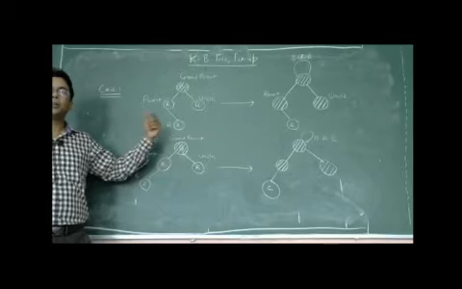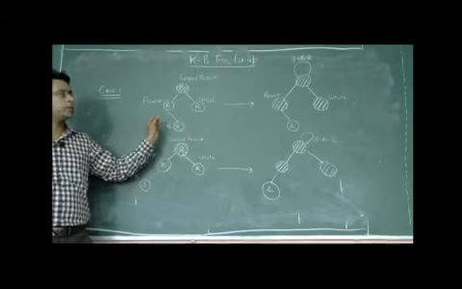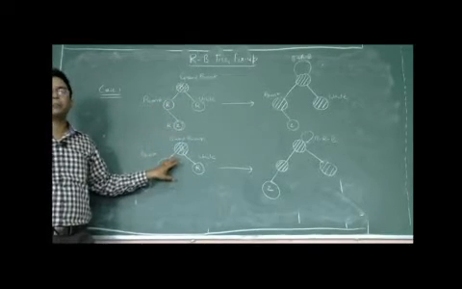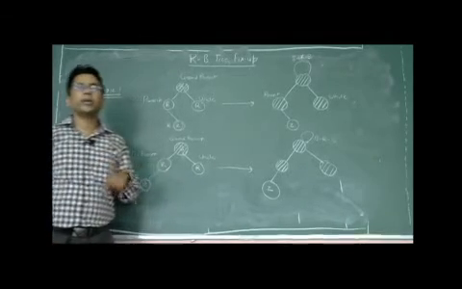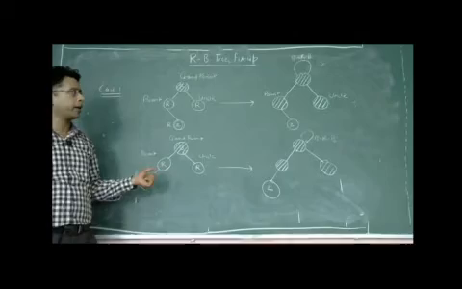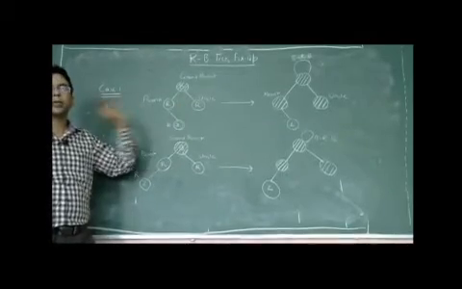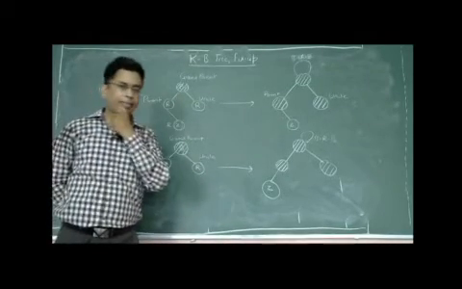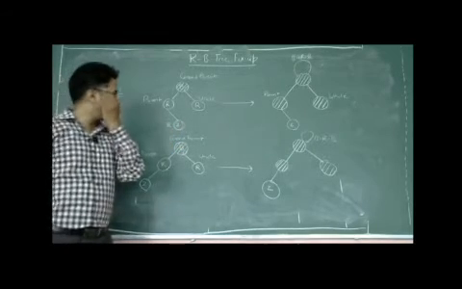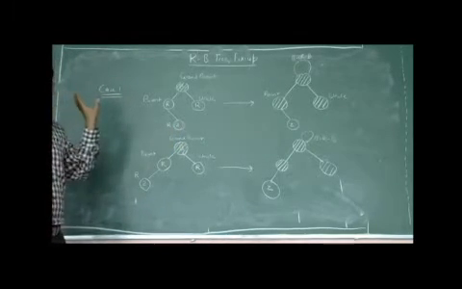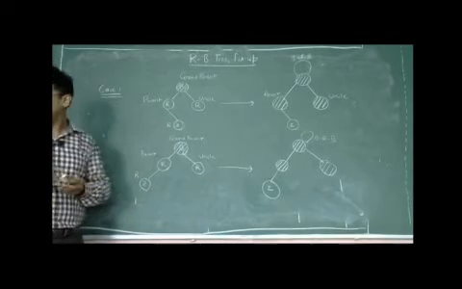We convert the color of the grandparent to red, but since here in the examples the grandparent is the root node, we color it again black. So this will be case 1. Clear? This is the simplest case, and now I am going to case 2.